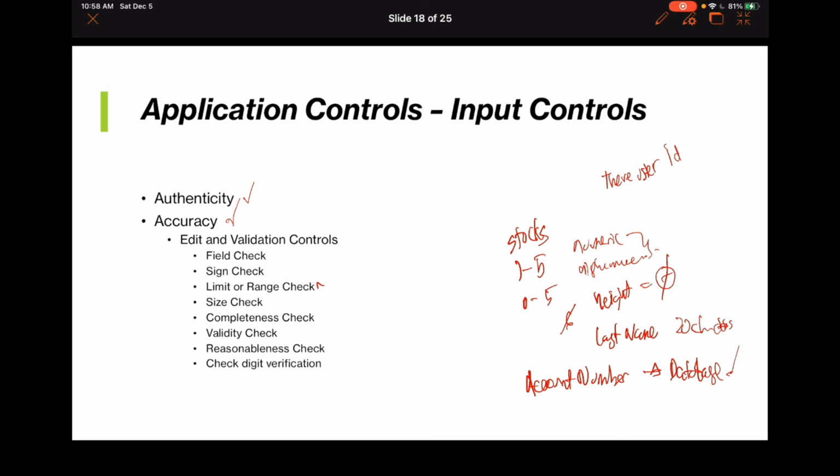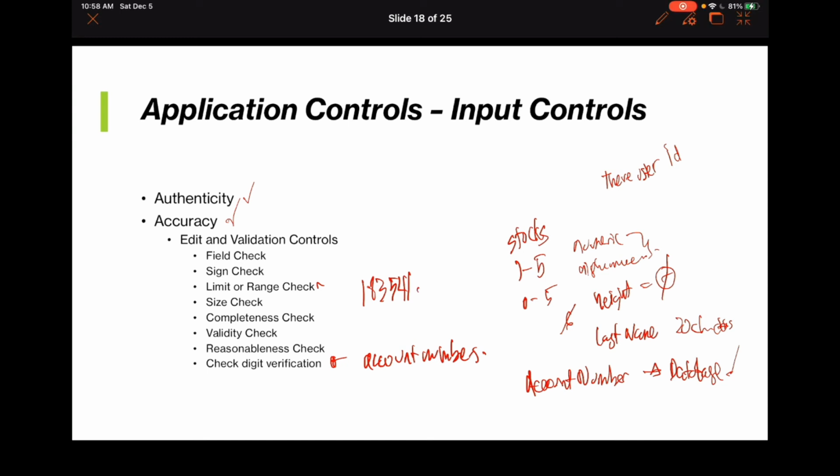Next, reasonableness check. Check for correctness of logical relationship between two data items. And lastly, check digit verification. Usually this is applicable to account numbers. Let's say your account number is 183-541.